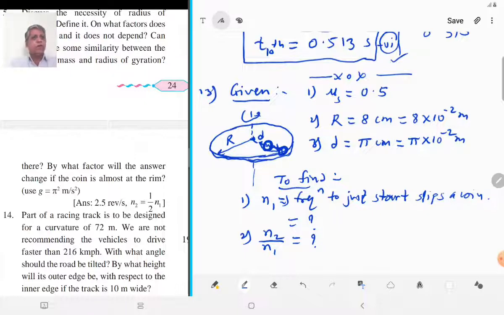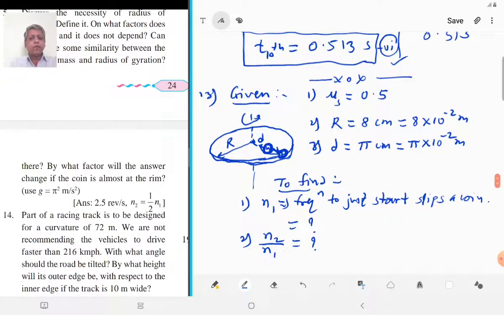To find this, there is also one given point in brackets. Use g is equal to pi square meter per second square. Here the value of g is given. So here the value of g is not 10 meter per second square, but for the given problem g is equal to pi square meter per second square.